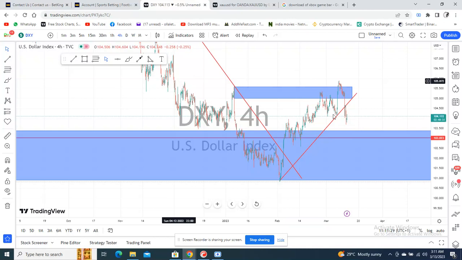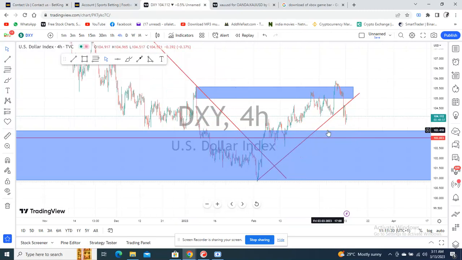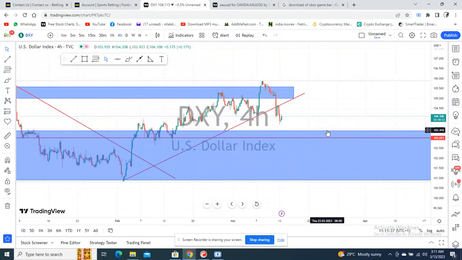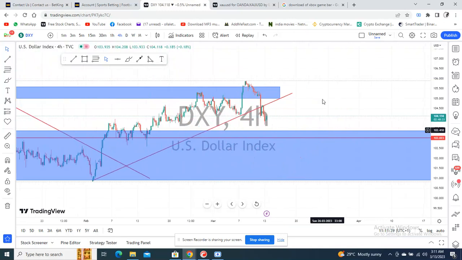Now, as of today, you can see what really happened here again, when the price broke here, cleared this off, and eventually broke here again.